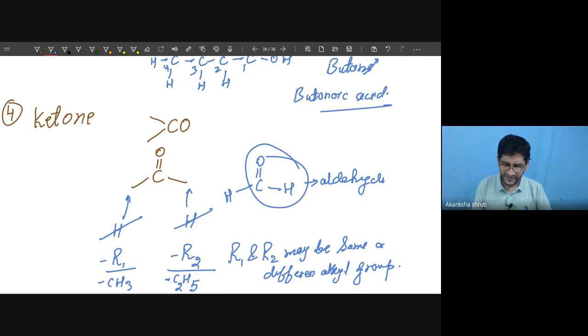Let us understand this. Nomenclature of ketone is not in your syllabus, okay? But I am going to give you a simple hint. It will not be asked.